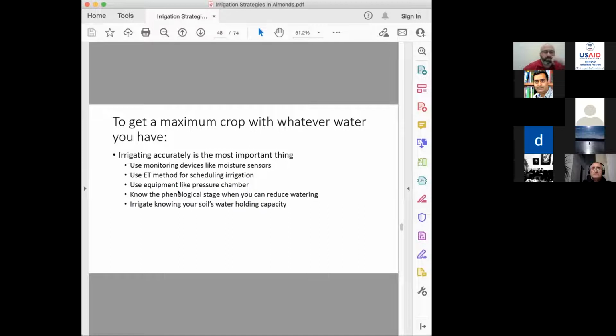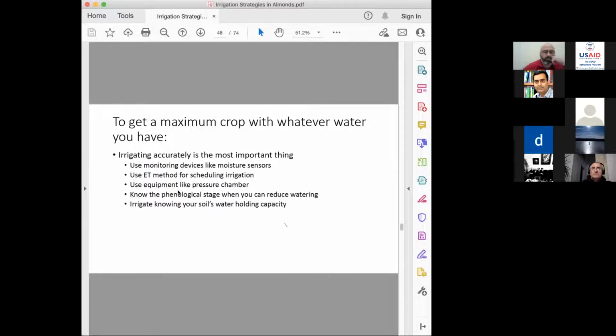We here, when we plant the orchard, we dig a lot of holes in the soil with the backhoe. We usually go up to like 6 feet. Even when the roots of the almonds only go to 4 feet, we dig the soil up to 6 feet with backhoe just to look at the soil profile.